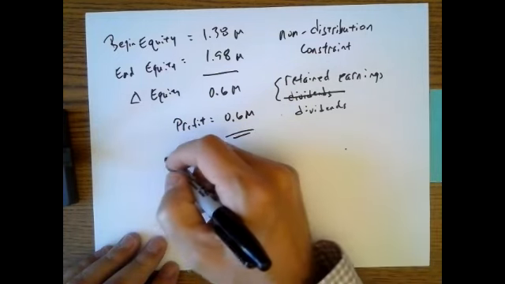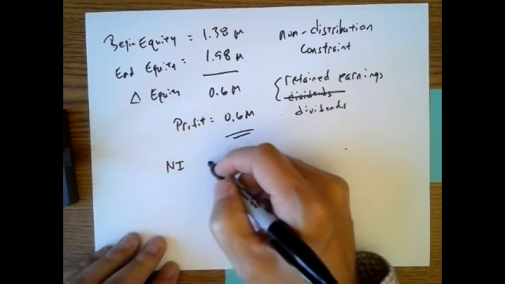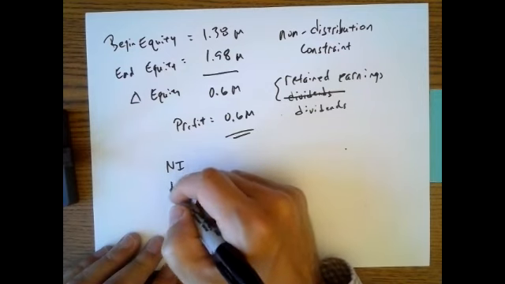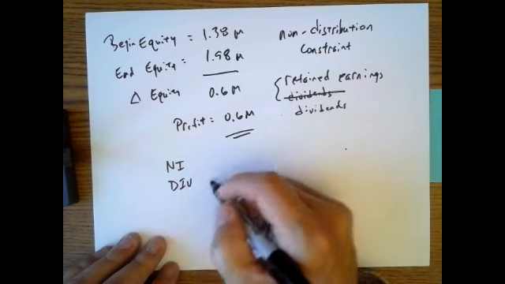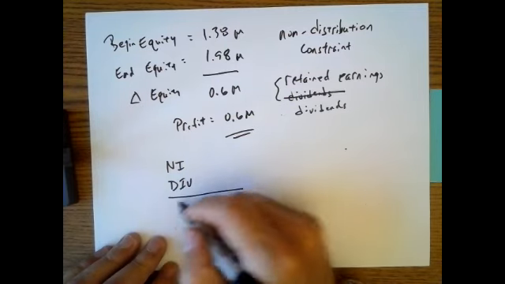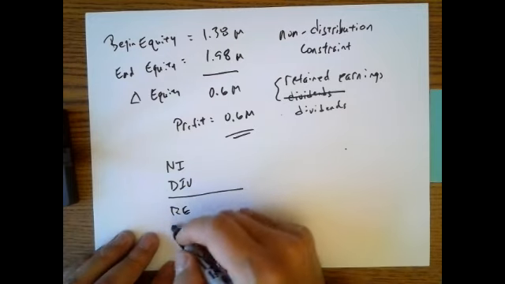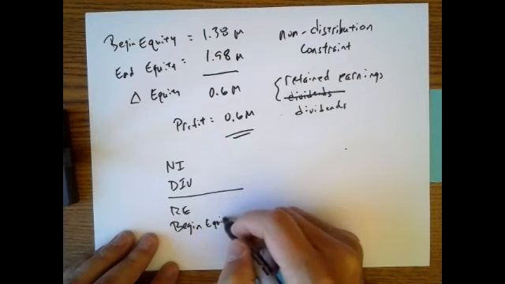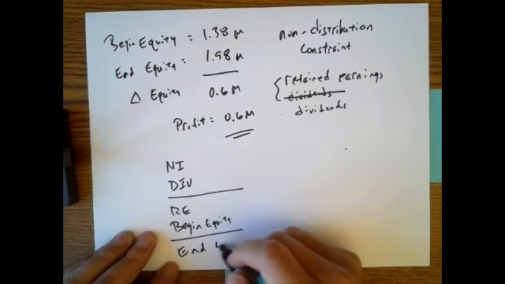We have net income or profit as the first line, which we don't know. Then, what can you do with your net income? You can pay out dividends. And then whatever's left over is retained earnings. That gets added to the beginning equity, and you have at the end your ending equity.